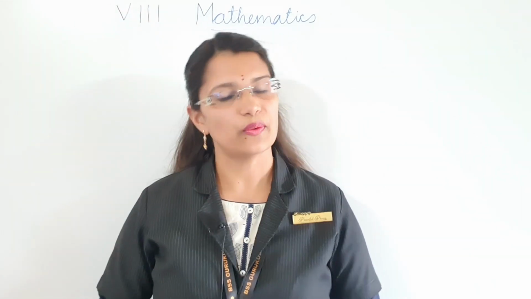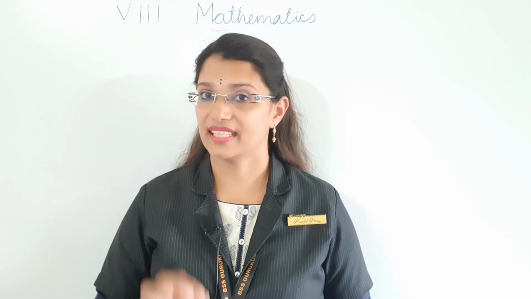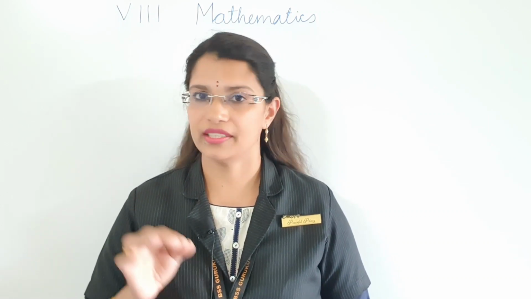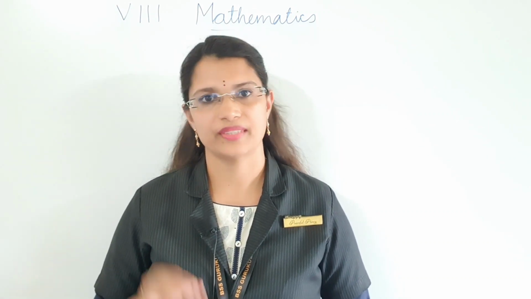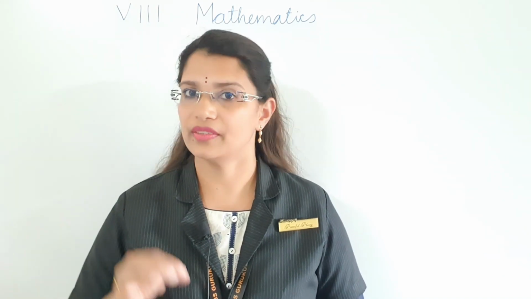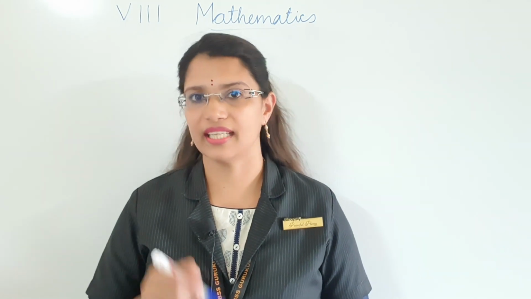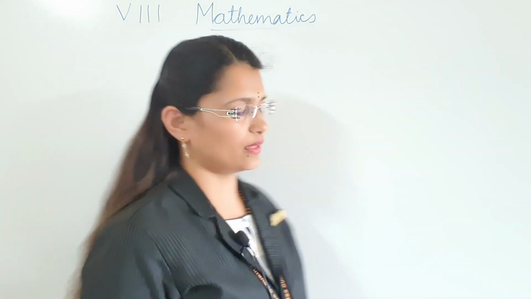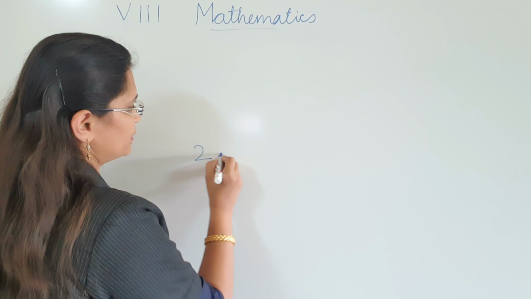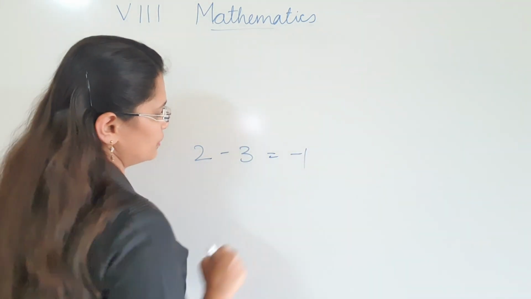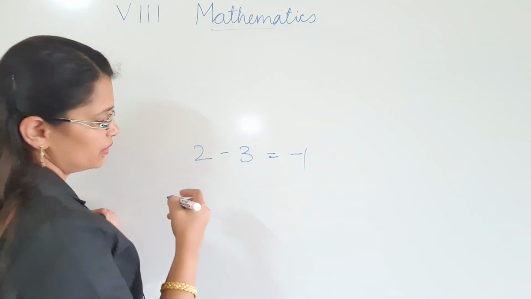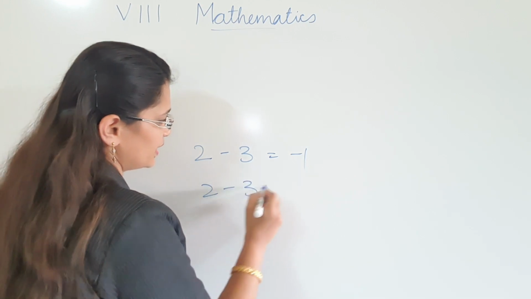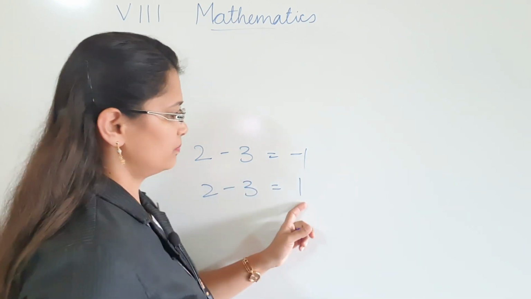Hello my dears, welcome back to another interesting session of 8th grade math. Right is right even if no one is doing it. Wrong is wrong even if everyone is doing it. I will explain this with the help of a math example. You know that 2 minus 3 is equal to minus 1, but most of you got the answer 1.